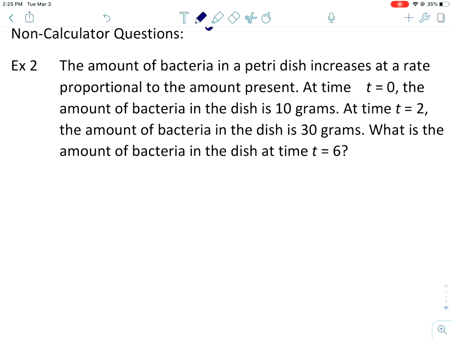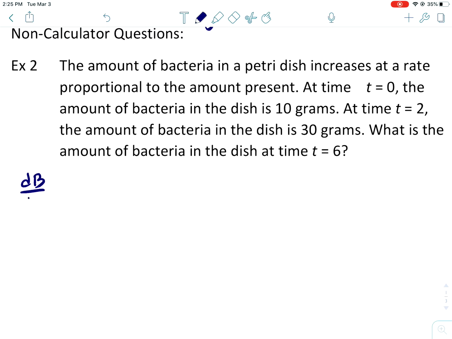Okay, it doesn't tell us that it is exponential or linear, but it does tell us one statement at the beginning that we can write like we did when we first started this unit. So the amount of bacteria increases at a rate proportional to the amount present.